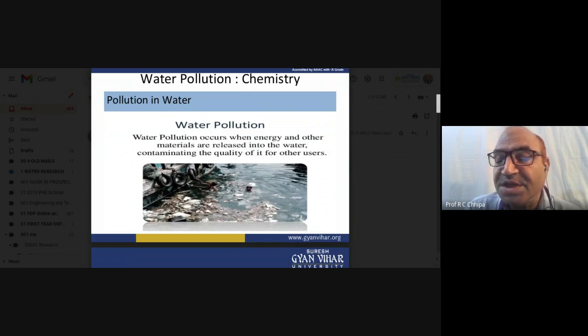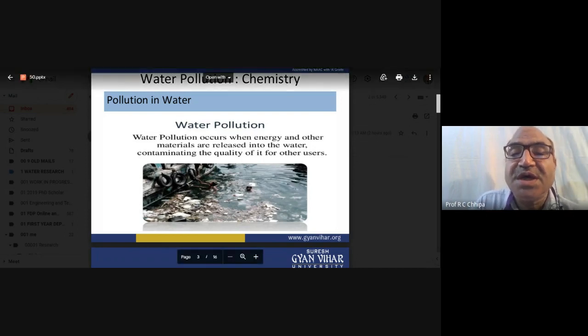When industry uses water, industry needs pure water, and then the effluent, whatever remains after industrial processing, where does that wastewater go? This water is openly thrown into the open area, as we can see in the picture, released into the water.